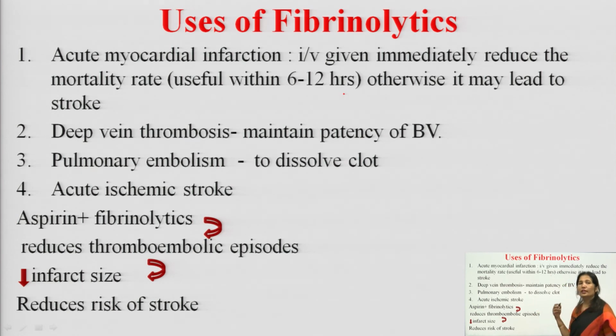So, wherever we need to dissolve an already formed clot, there we can give fibrinolytics, to maintain the patency of the blood vessel in case of deep vein thrombosis, pulmonary embolism, acute ischemic stroke, and acute myocardial infarction.